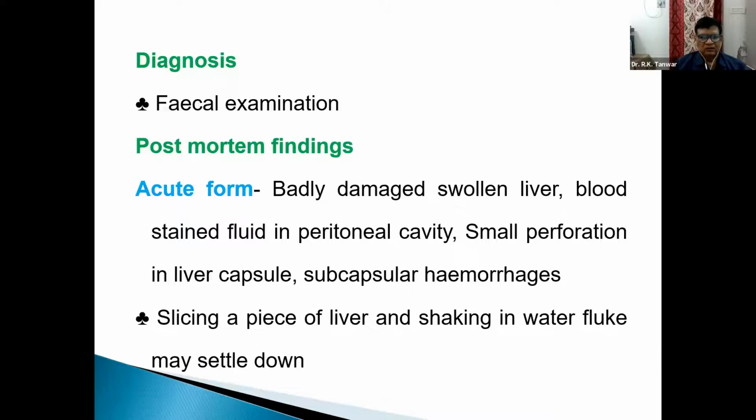Fecal examination; postmortem findings include badly damaged swollen liver, blood stained fluid in the peritoneal cavity, and small perforation in the liver capsule. These are possible if any field vet has an interest to diagnose the disease, but he has some idea, a large number of population. Here you can take a slicing of liver and examine it for fluke.